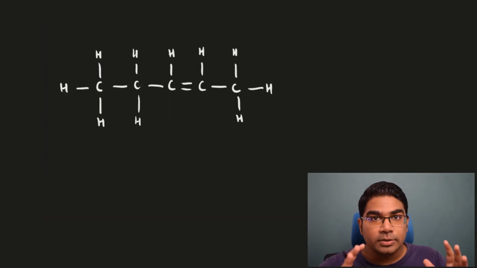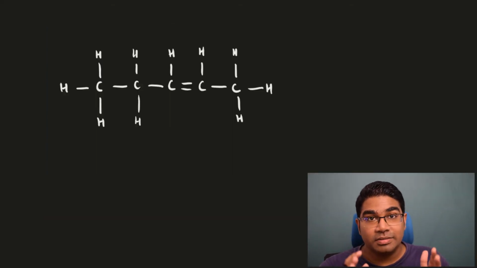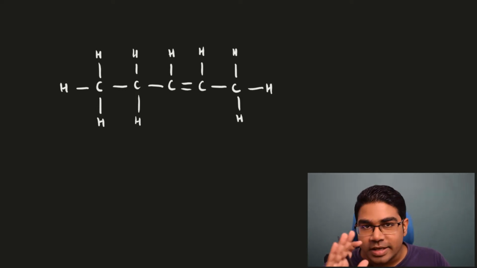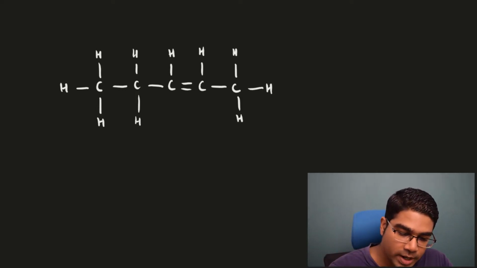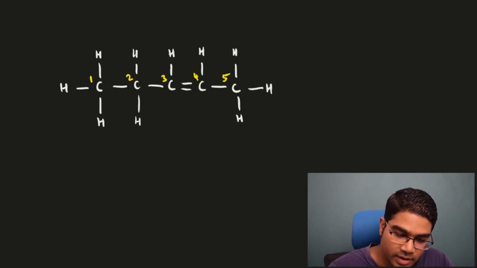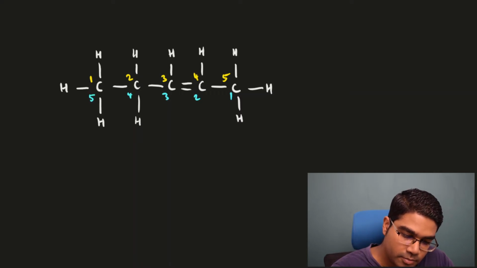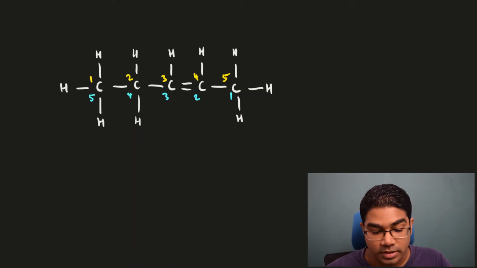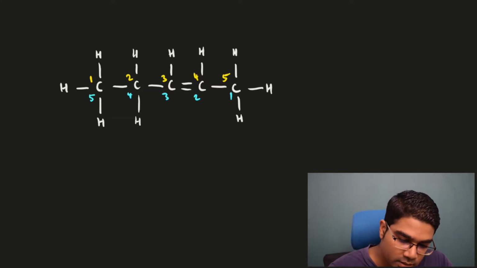You would be tempted to think that this is actually pent-3-ene, but there is no such thing. Let's see why. Again, we start the numbering 1, 2, 3, 4, 5, and then 1, 2, 3, 4, 5. Let's look at the CC double bond. If we count from the left, this would be 3.